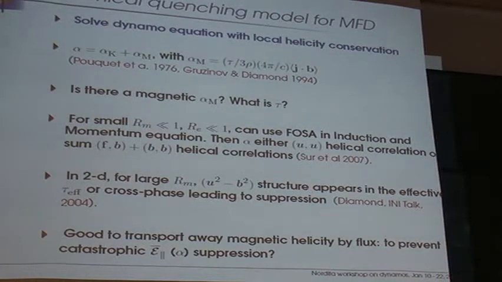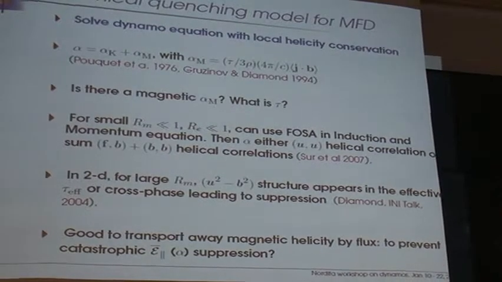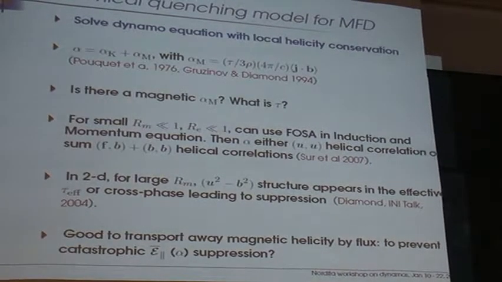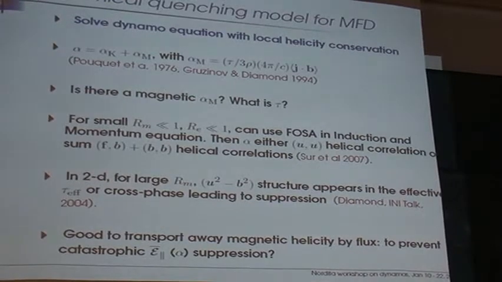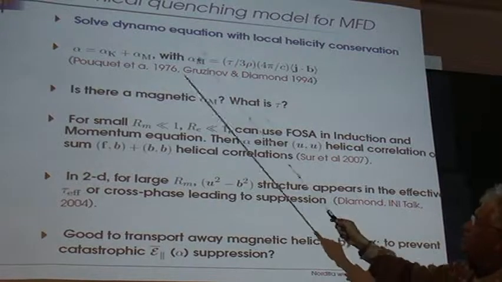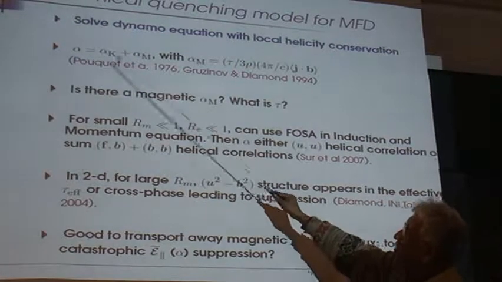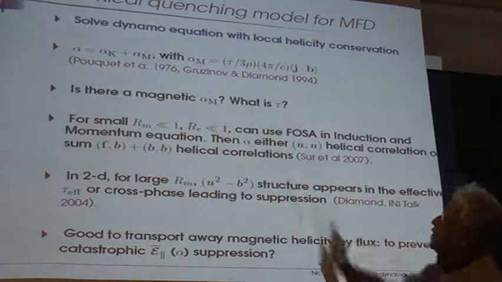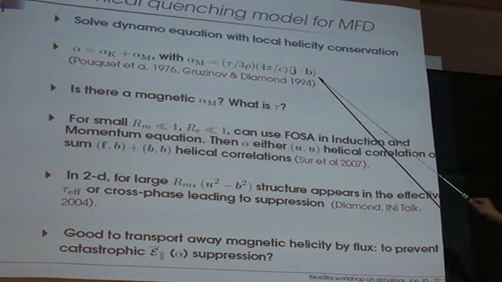But you impose this helicity conservation as a constraint. To make practical use in the helicity conservation equation, you have magnetic helicity, and you have to relate it to what changes your alpha effect here, which is the current helicity. So you take a form for the alpha to be a kinetic plus a magnetic alpha, with the magnetic alpha proportional to J dot B.